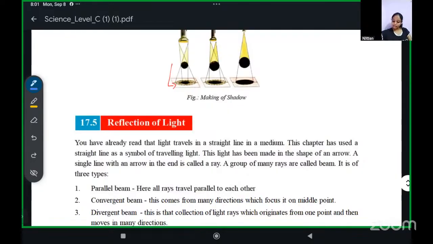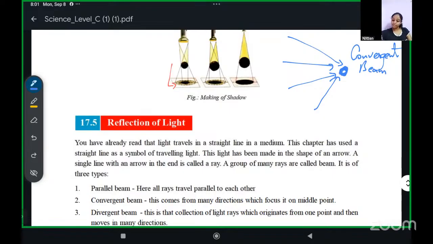Then a convergent beam is where the rays come from many directions but focus at one specific point. Those are convergent rays.